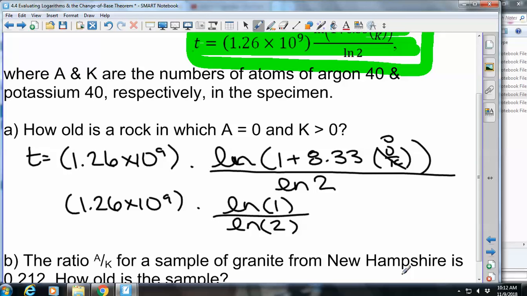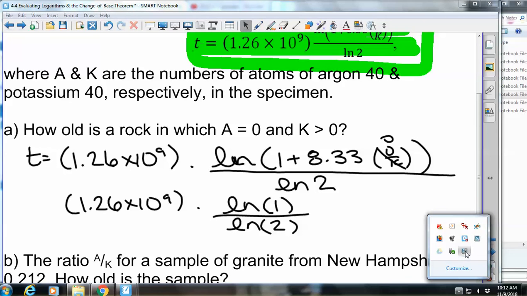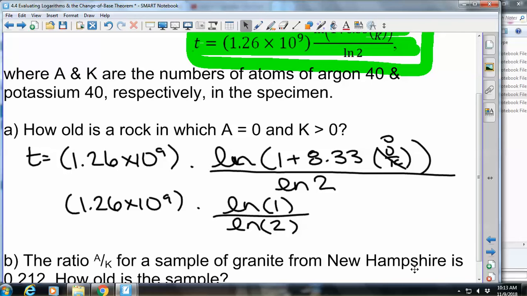So if we plug this in, I want everybody to do it, make sure you can get that answer. See what you get. 0. 0, what does that mean? It's a new rock, newly formed.